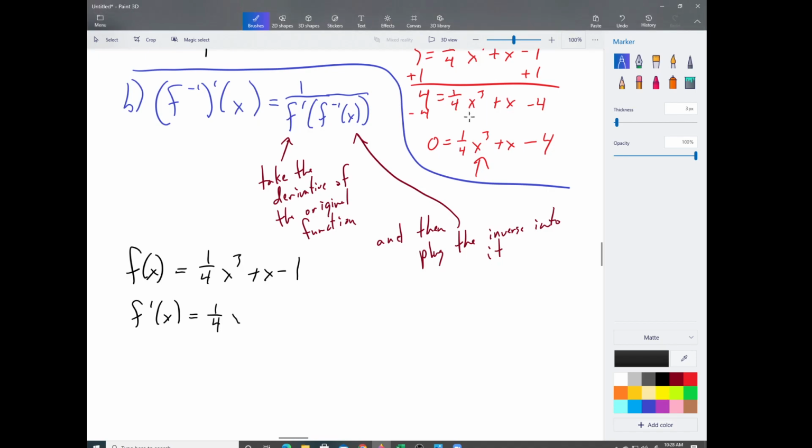But what's neat about this is you actually can find the derivative even if you can't find the equation. We find the derivative, and we want to know the derivative of the inverse at 3.